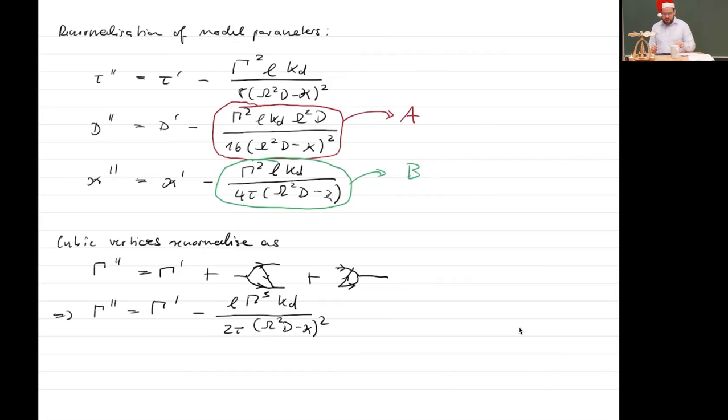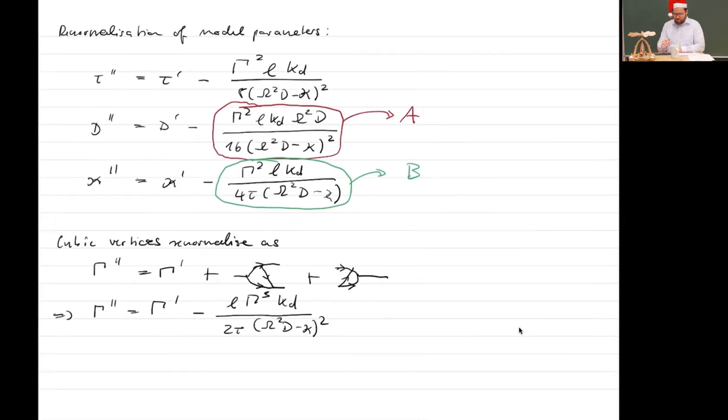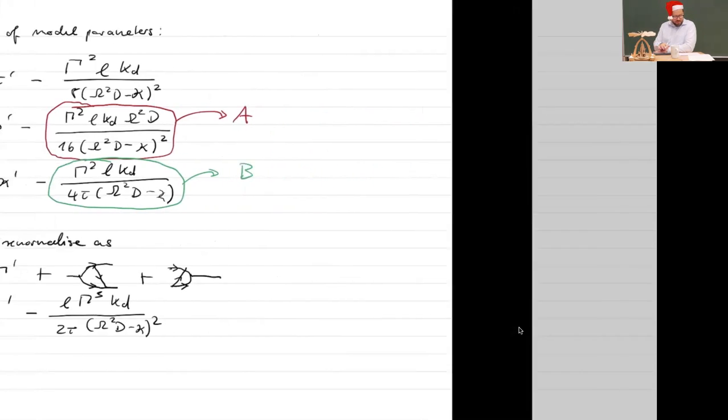So now we have the updating of all of these parameters. And what we now do is that we go to the limit of, so this is not very convenient, right? Because we still have to plug in the tau prime and d prime, and then we still don't have anything that we can deal with. So we don't know how to deal with these updating schemes. It's much more convenient to have something that gives a differential equation. But it's easy for us to derive a differential equation.